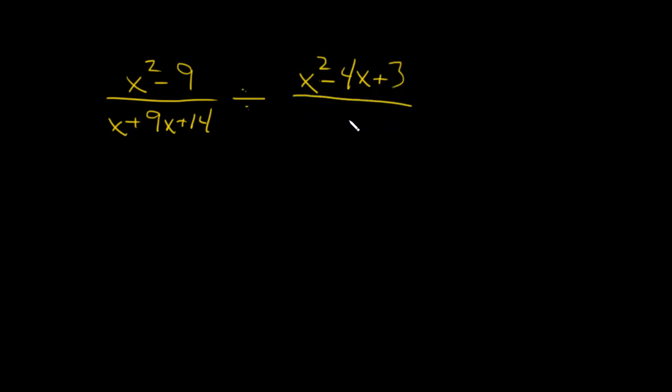Let's go with (x squared minus 9) over (x squared plus 9x plus 14), divided by, let's go with (x squared minus 4x plus 3) over, let's see, let's go with (x squared plus 8x plus 7).